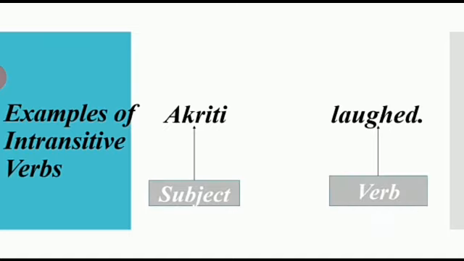So here, Akriti laughed is a complete sentence. It makes complete sense. It doesn't require any object. So this verb is known as an intransitive verb. The verb which doesn't require any object is called an intransitive verb.